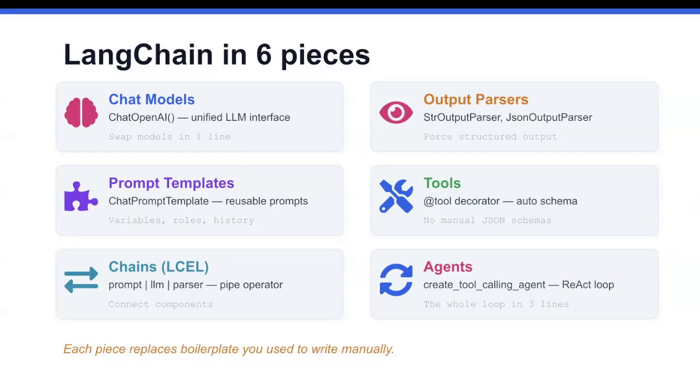Next is LCEL. I will explain all these concepts, but it's a sort of chain. That's why it's LangChain. So chain is the main concept in this LangChain framework. A chain is how you process things in a general way. You write your prompt, you call the LLM, and you use the parser for auto parsing.